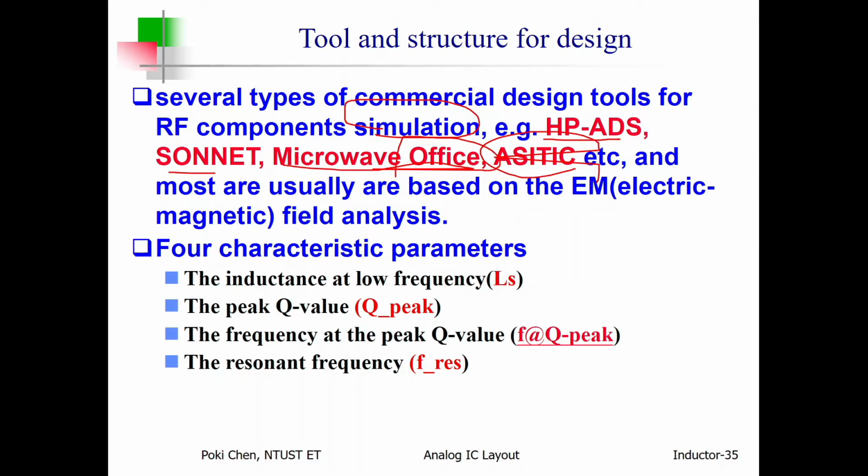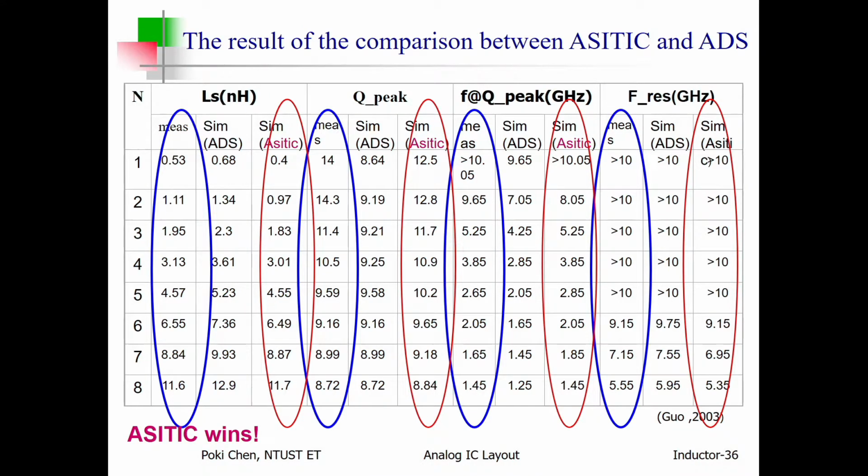Okay, he would like to focus on the inductance, the peak value for Q, the peak value for frequency, and the resonance frequency, all those 4 parameters. And this is some kind of comparison between the simulation and measurement.